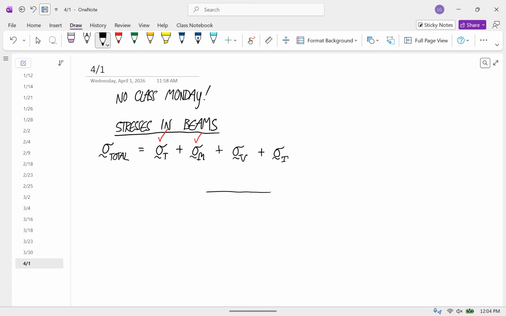So let's say we have this beam, and let's say that at this location here, we're looking at this part of the beam. Let's say that we have an internal tension T and a bending moment M, like this.